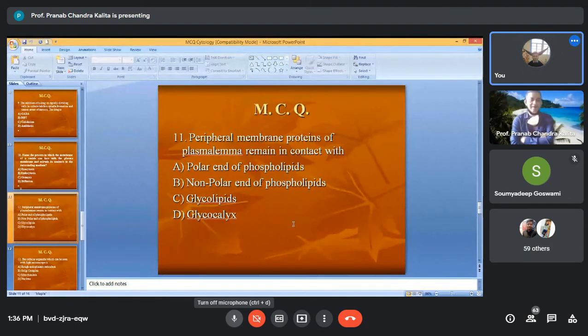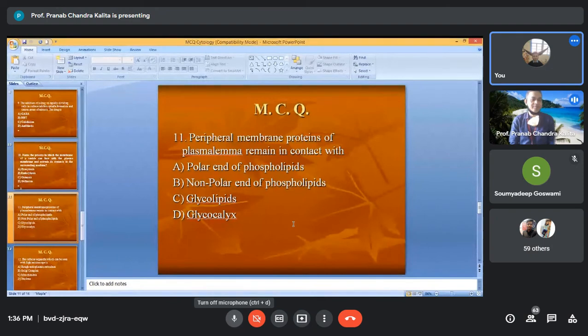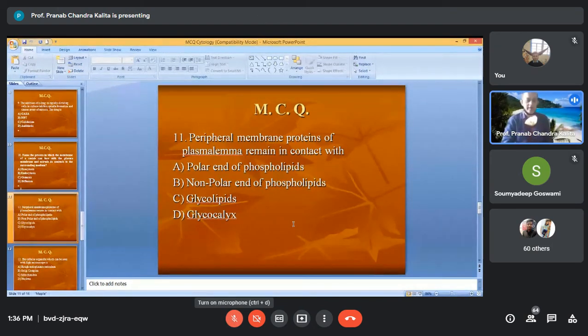Non-polar means hydrophobic. Tail means they will be at the center. So a peripheral membrane protein will be at the periphery, at the surface. It is at the polar end of the phospholipid, is it not? Understand? So the answer is A. Peripheral membrane proteins of plasma membrane remain in contact with the polar end of phospholipids.